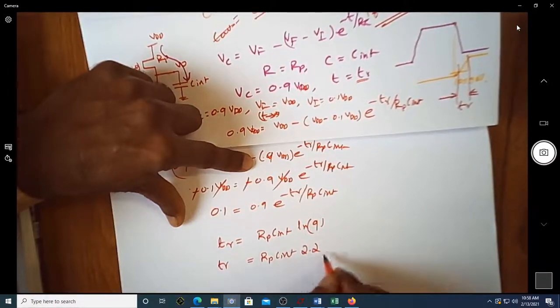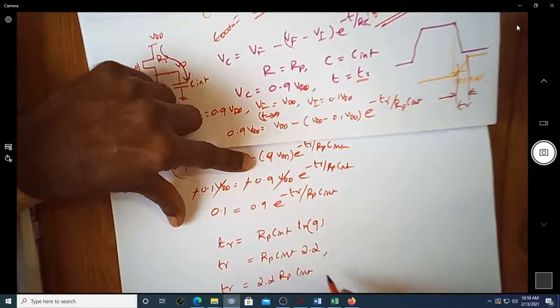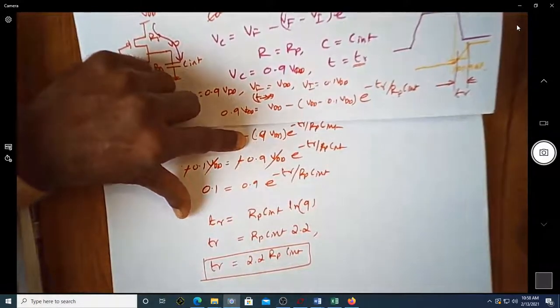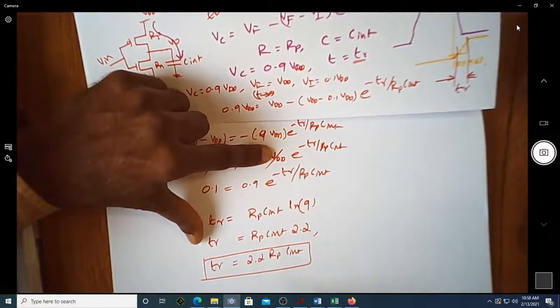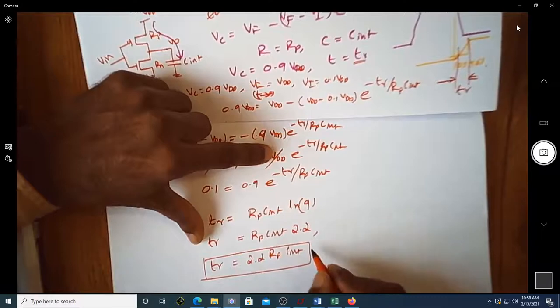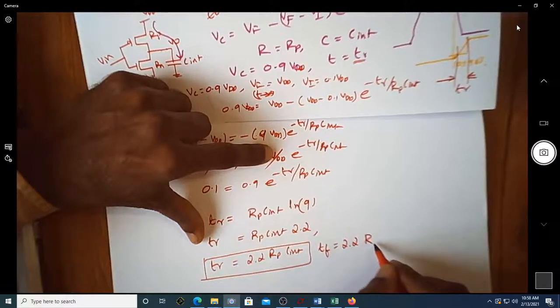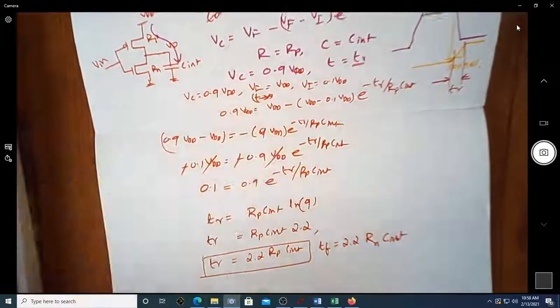So you can write tr is equal to 2.2 Rp C intrinsic. This is the expression for the rise time whenever it is rising from 10% to 90%. Similarly, you can get an expression for the fall time, which is tf is equal to 2.2 times Rn into C intrinsic.